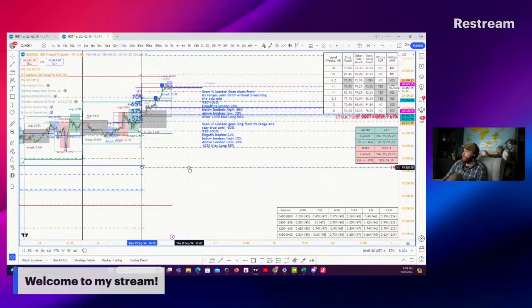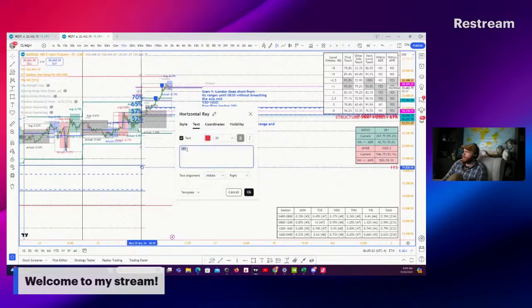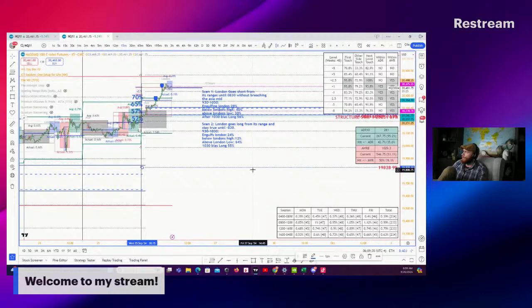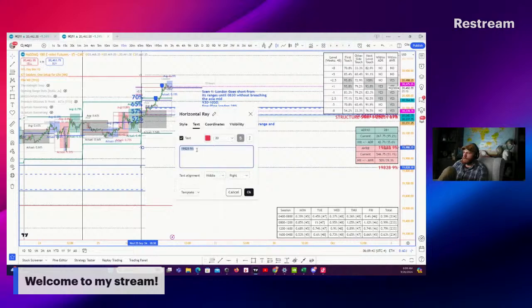Start with a -8. This is at 19,828, and this has a 9% probability of being hit. Put this on. This is at 988.